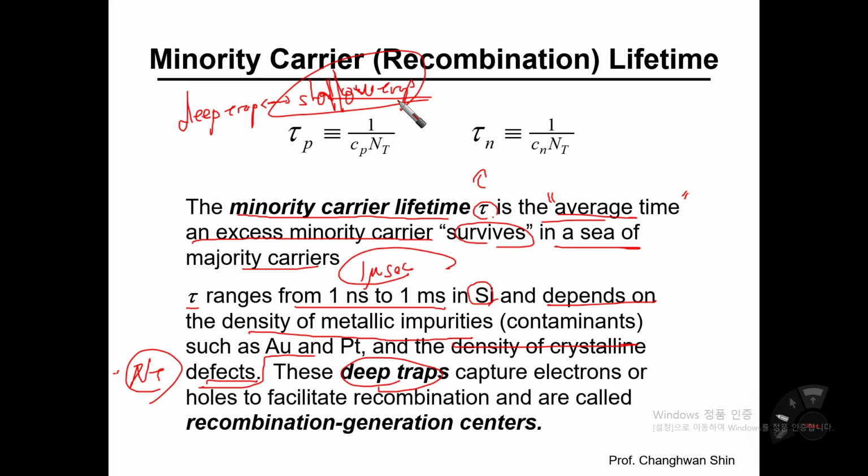Those two, donors and acceptors, are the main representative shallow traps. Why shallow traps? Go back to the energy band diagram. Donors' energy states are created near the conduction band edge. So near the conduction band edge, the donor's energy state has been created.